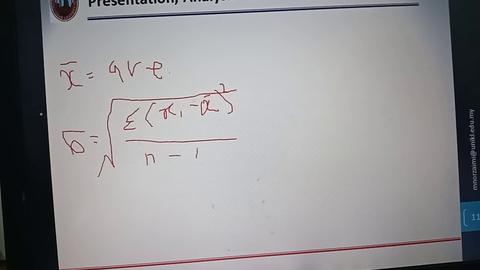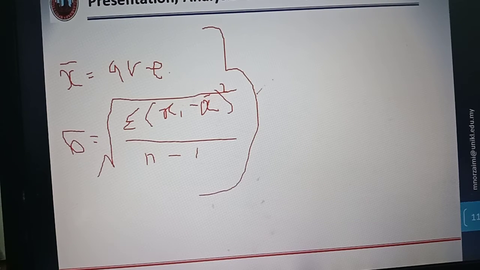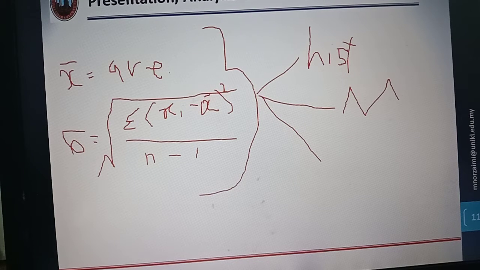From this data, you can convert it into a histogram, a run chart, or a control chart. Be careful here.